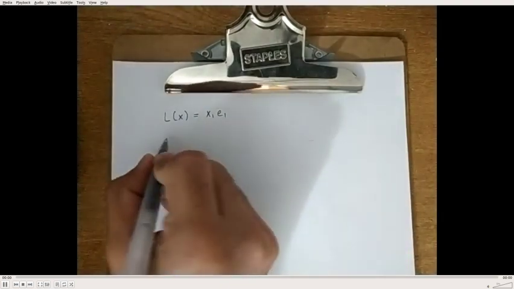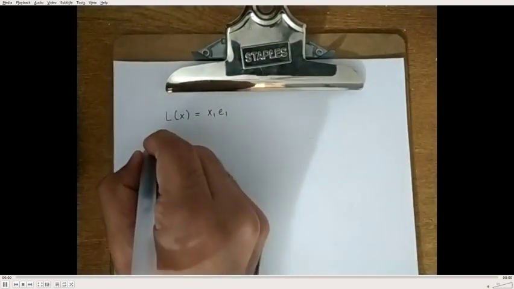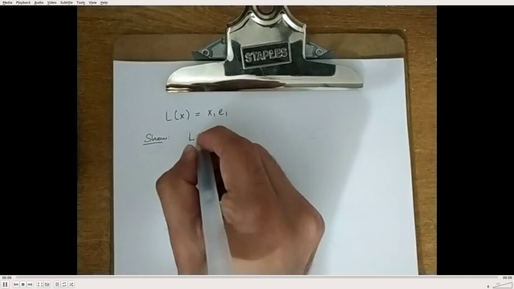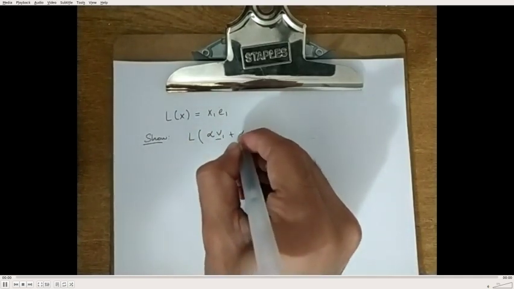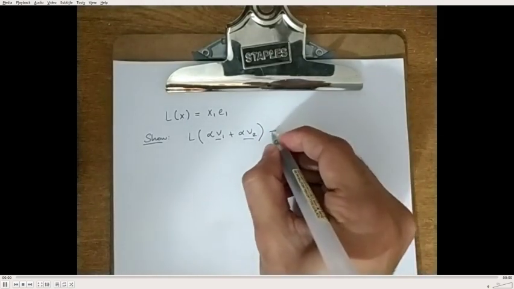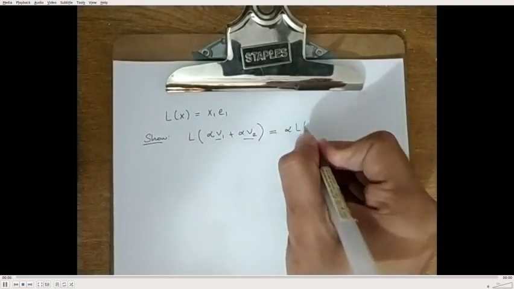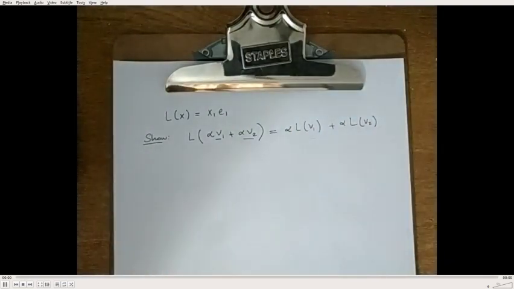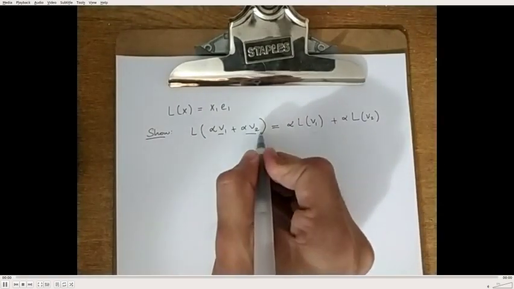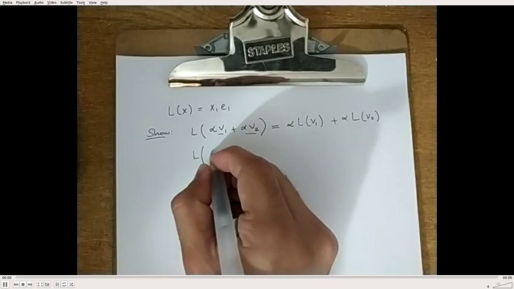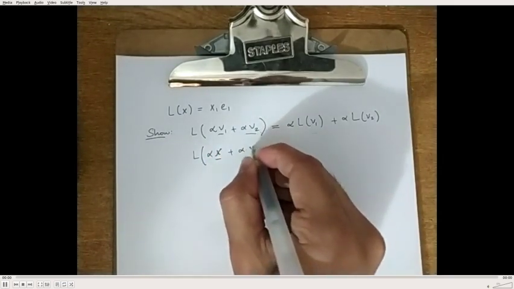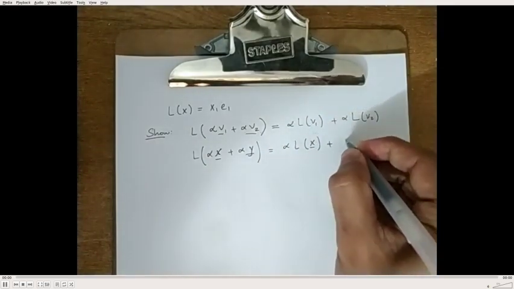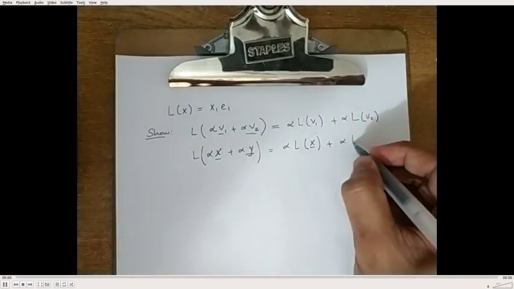I want to show that a linear combination alpha v1 plus beta v2 stays a linear combination alpha L of v1 plus beta L of v2. Instead of taking v1 and v2, I'm going to replace them by x and y, just replacing the variables because I think that would make it easier to understand. So alpha L of x plus beta L of y.